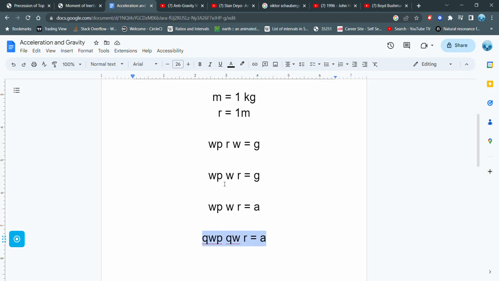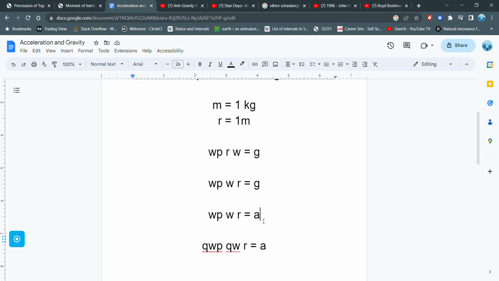And notice it's very important, this acceleration or gravity will only take place during a change in precession, in rate of precession, or a change in the speed of the spinning top. If there's no acceleration or a change in between them, then it will not work.